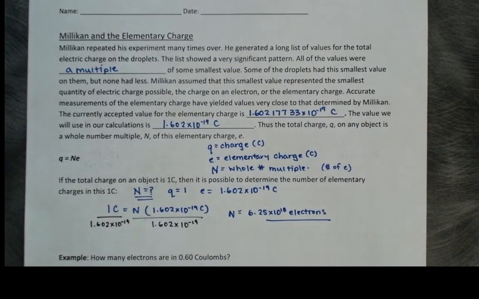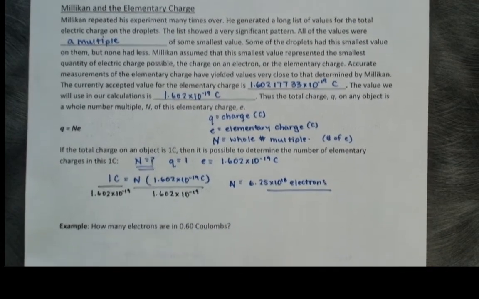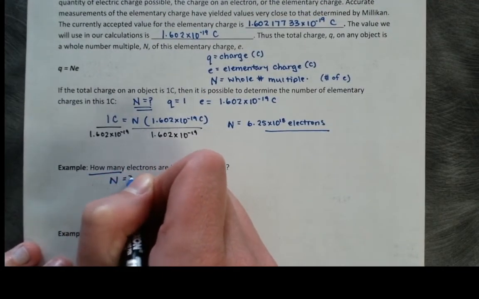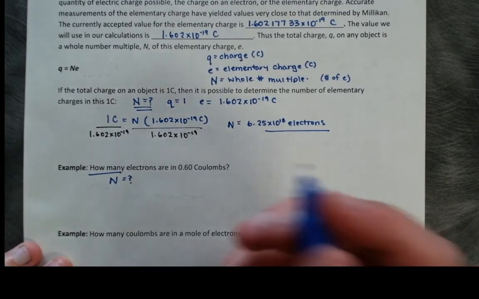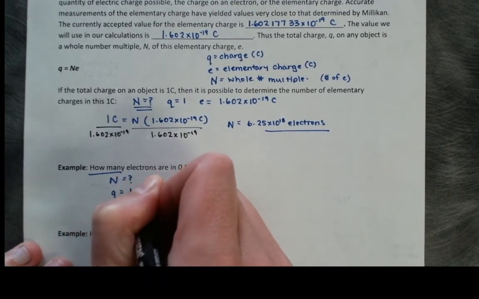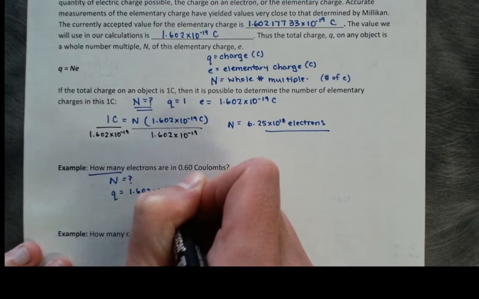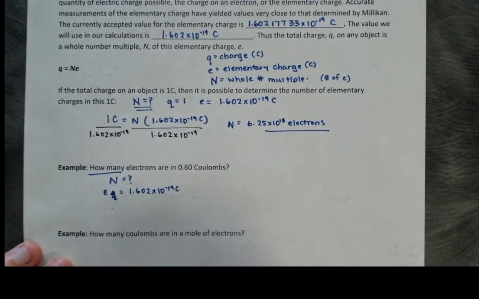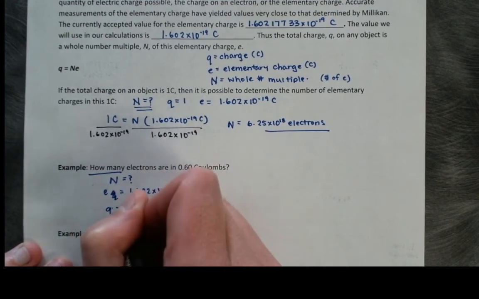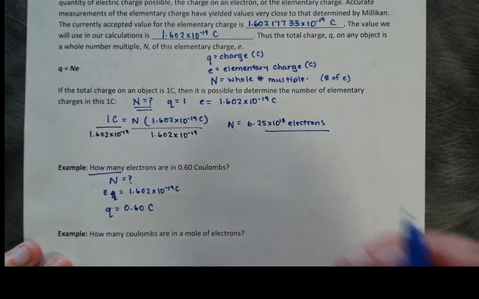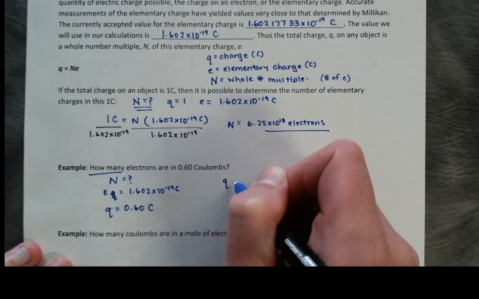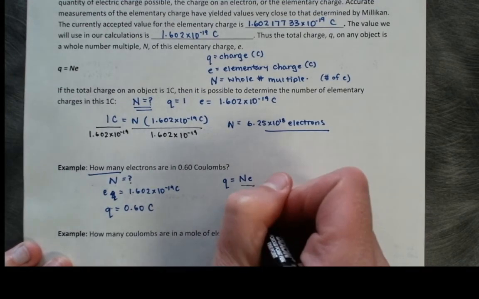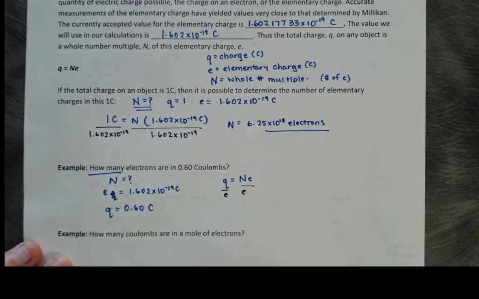So, how many electrons are in 0.6 coulombs? Well, how many? That's going to be N. E, our elementary charge, is this. And then Q is how many coulombs we actually have. So we're going to solve for N again. Now if you prefer to rearrange for N first, we can do that.